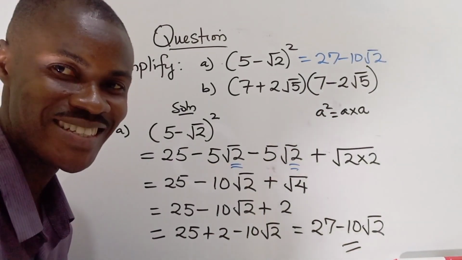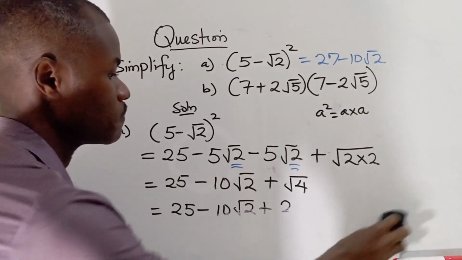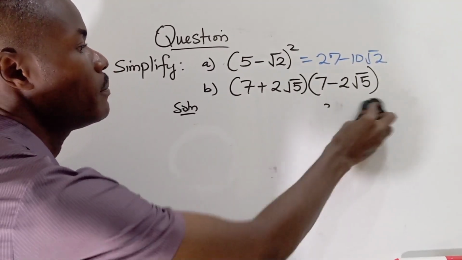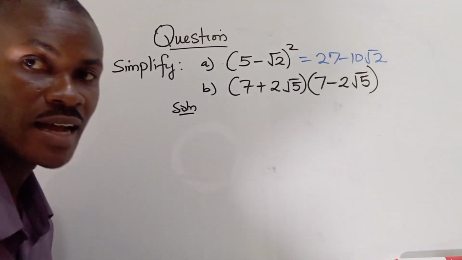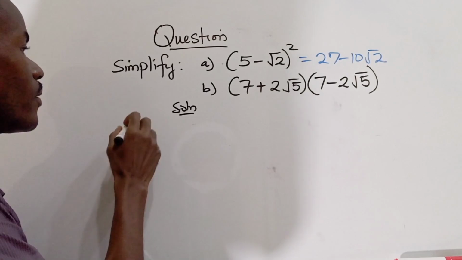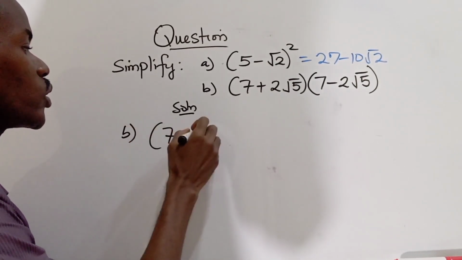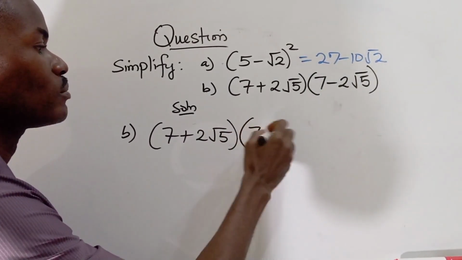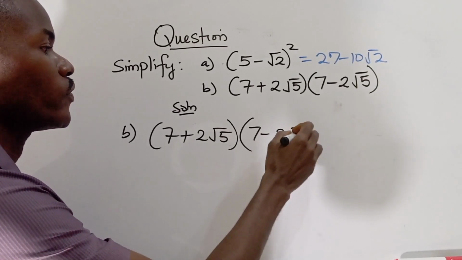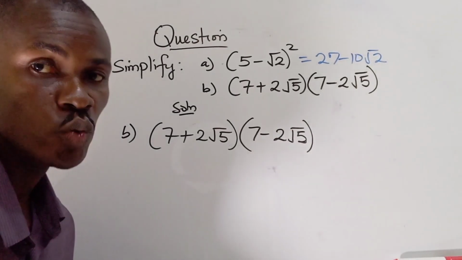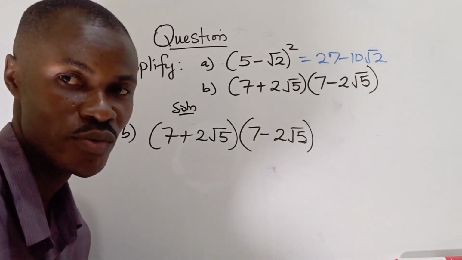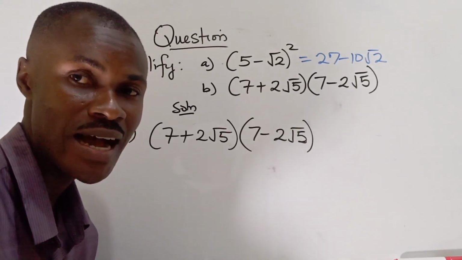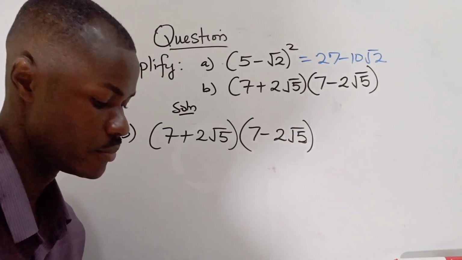Now let's work on the second problem. For the second problem, we have bracket 7 plus 2 root 5, and bracket 7 minus 2 root 5. Now I can use what we call difference of two squares to solve this, but for the sake of clarity I want to take everything step by step.